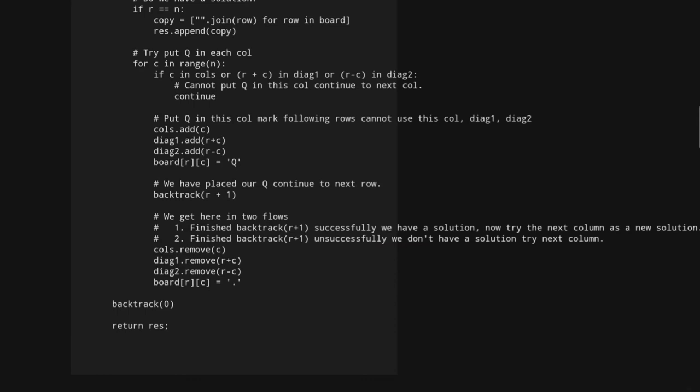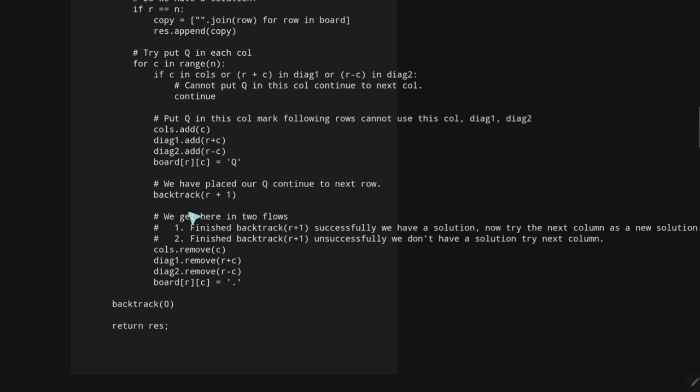Then this means that the backtrack function has finished. We enter the backtrack, enter until we finish. And when we finish, this means that we have either finished successfully creating a board with all the queens, or we failed. So now we need the next solution.